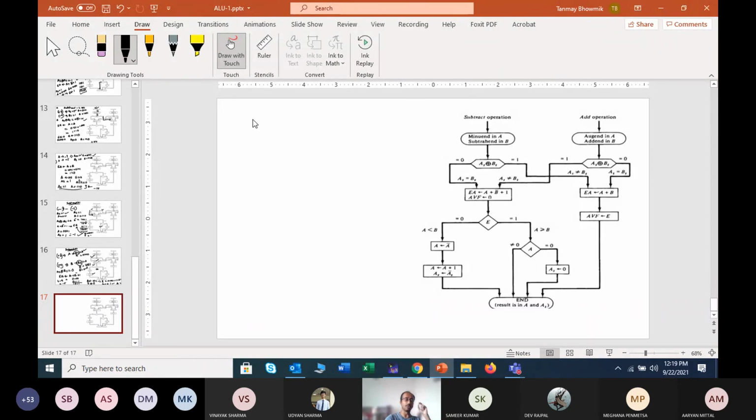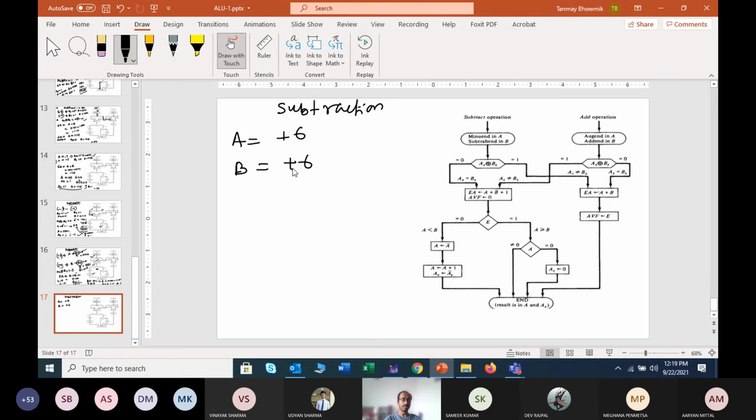Okay, so let us take one example where obviously you are performing subtraction. Now you will just think your A is plus 6, B is also plus 6.